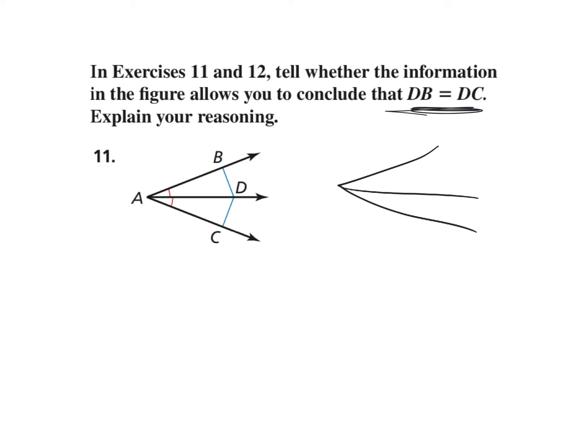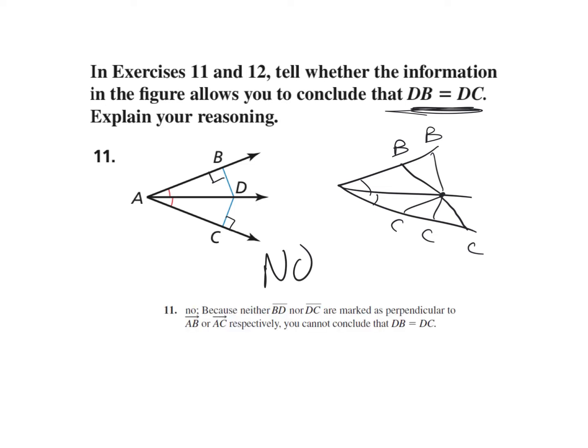You have no idea, this may be a bisector, but you don't know if point B is here and we could put C here or there. You just don't know where these points really are. You just can't randomly say, yeah, they're equidistant. But if it had the perpendicular line, then you could say yes. So the answer is no.